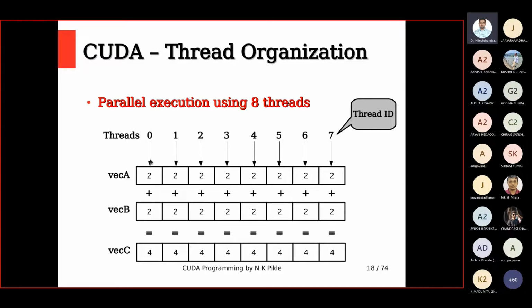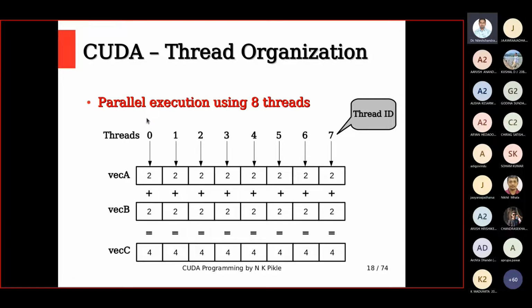For example, thread 0 performs A of 0 plus B of 0 and stores it in C of 0. Similarly, thread number 4 performs A of 4 plus B of 4 equal to C of 4. So with 8 threads, I can perform operations on 8 independent elements of this array, and you can get the solution in a single shot.